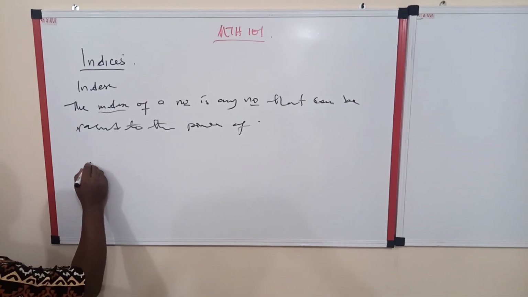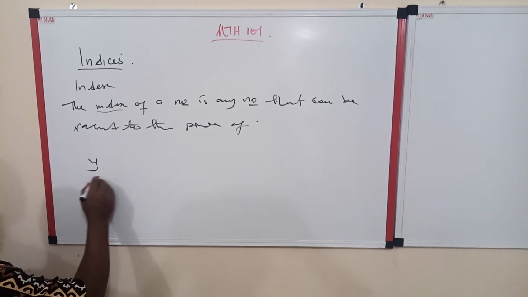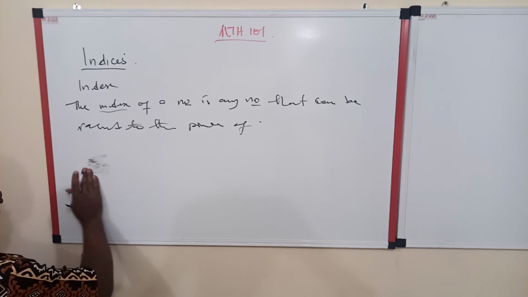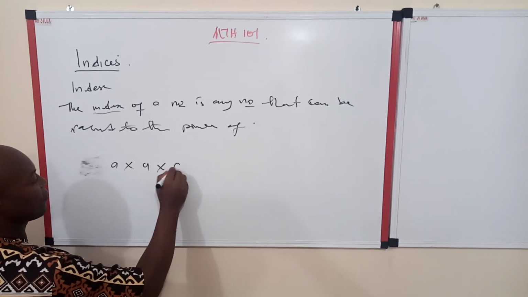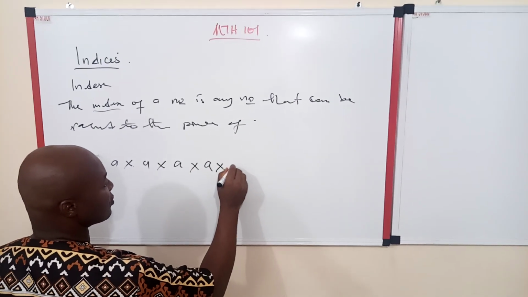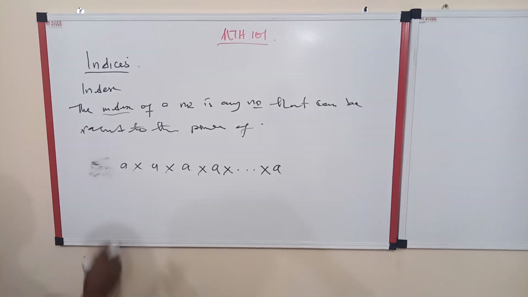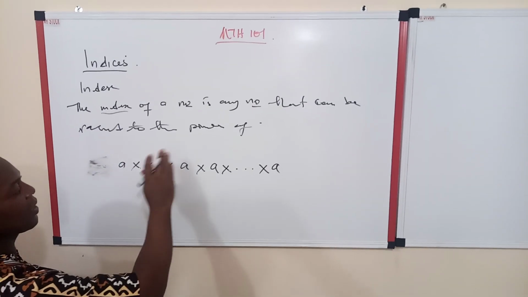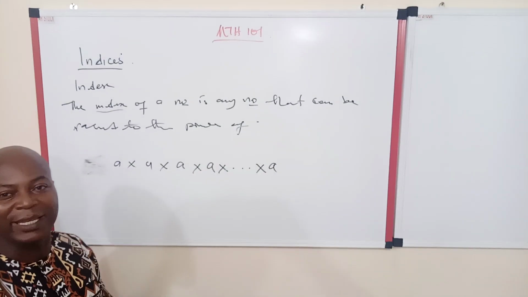How do I mean? If we are considering a number, say a, where it multiplies itself severally, this means a times a times a times a, a multiplying itself n times.